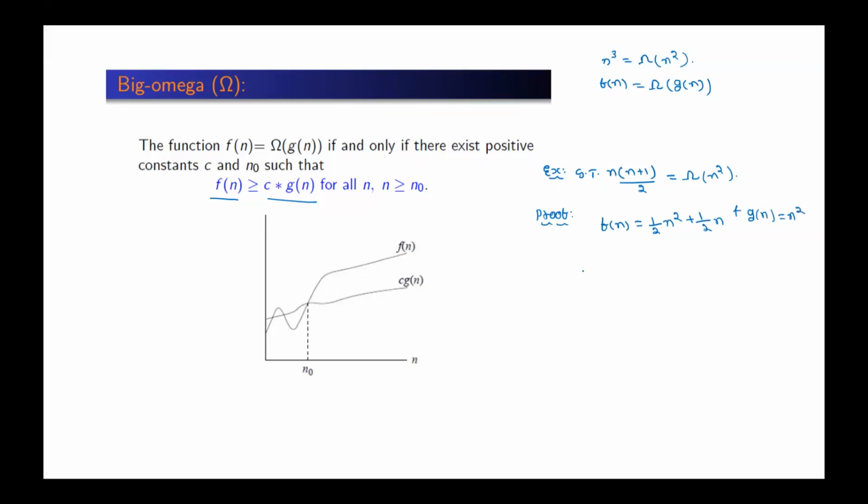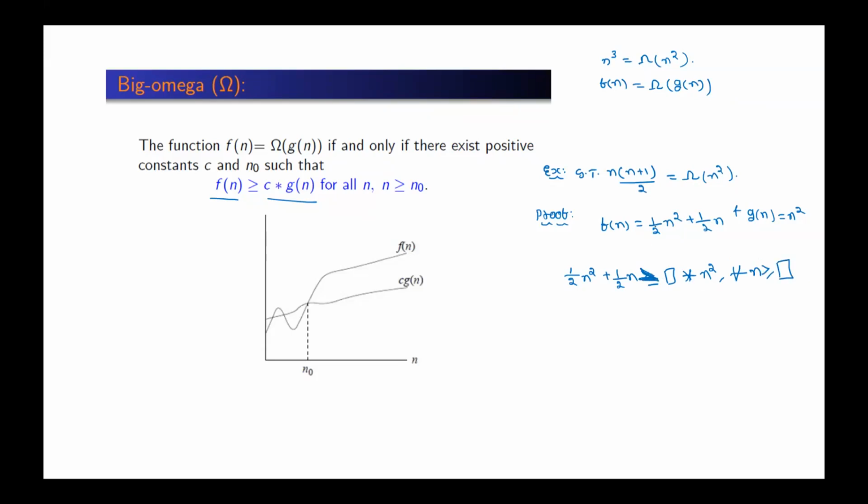Now f of n, 1 by 2 into n square plus 1 by 2 into n, should be less than or equal to some constant into g of n. Sorry, this is greater than or equal to, for all n greater than or equal to n naught.